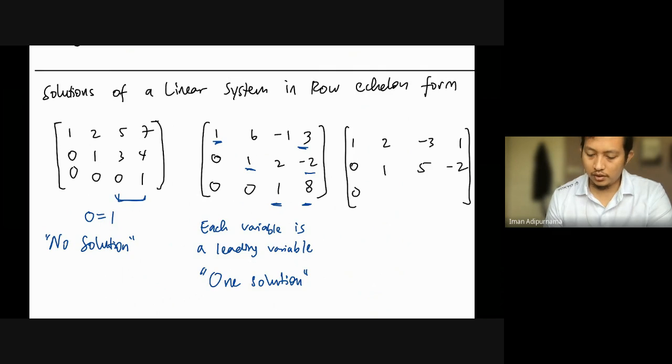Now the other one is the third row having all 0. And we say that z is not a leading variable. And this will lead to infinitely many solutions.